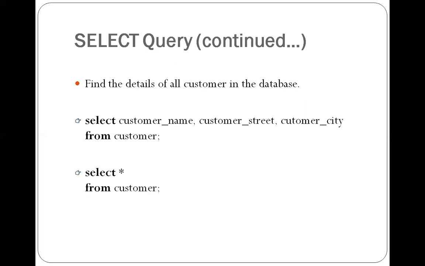select star or asterisk, from customer. Sorry, customer is the table name. This star or asterisk specifies all the attribute names in a particular table.